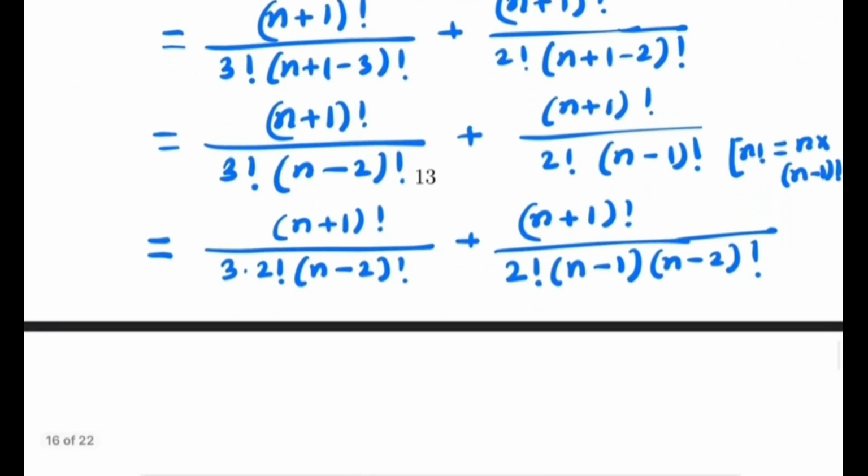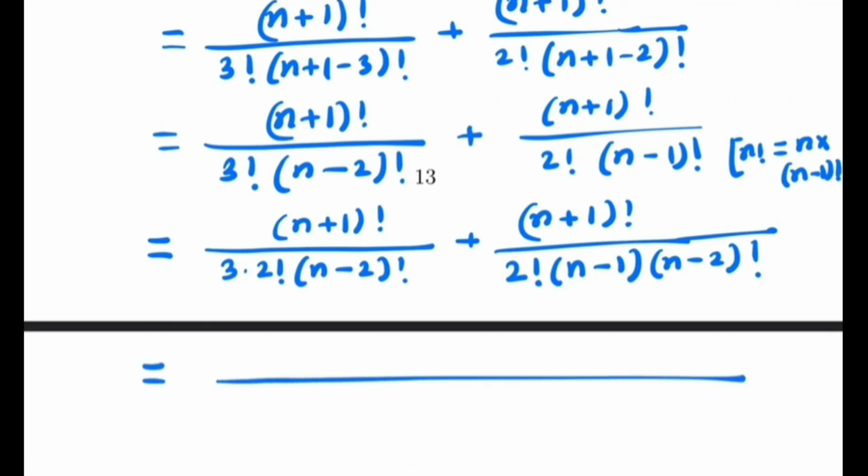Okay, so now what is the LCM of the denominators? So it will be 3 into n minus 1 into n minus 2 factorial into 2 factorial. And what will be the numerator?